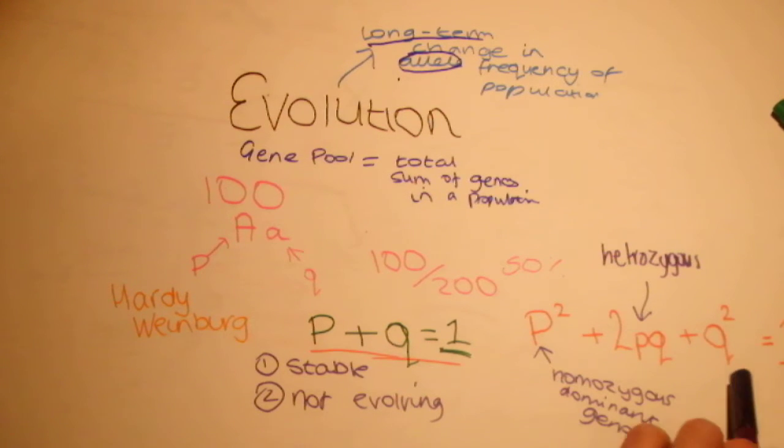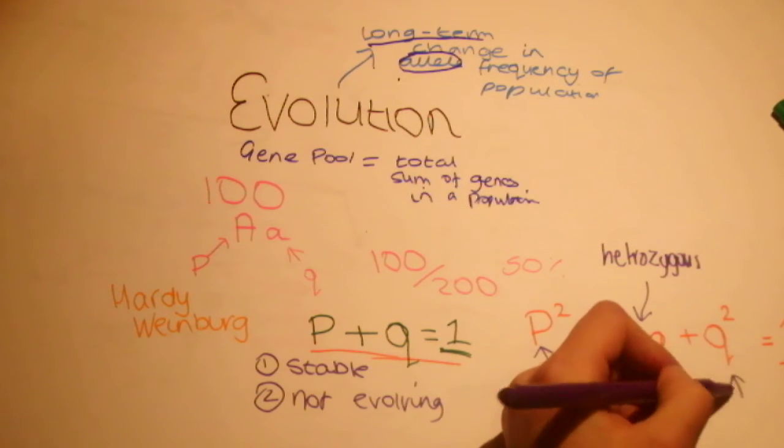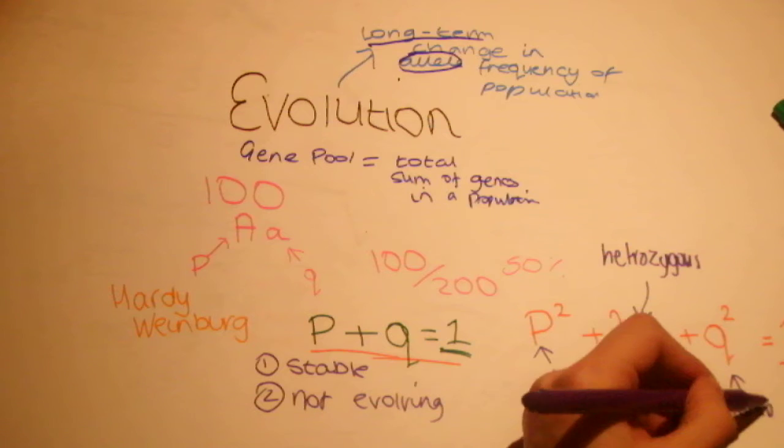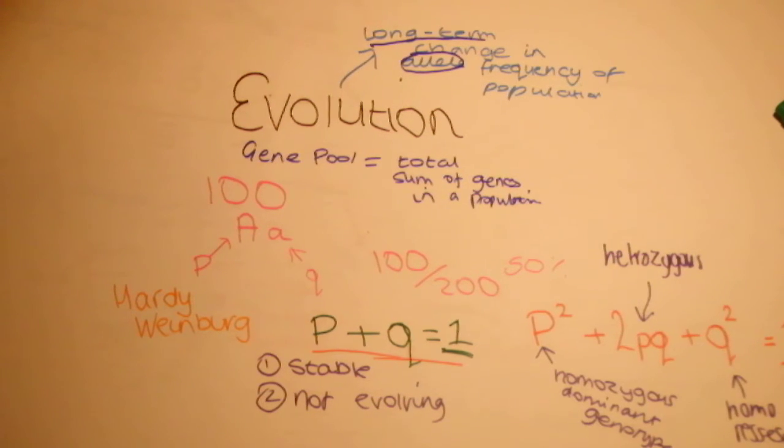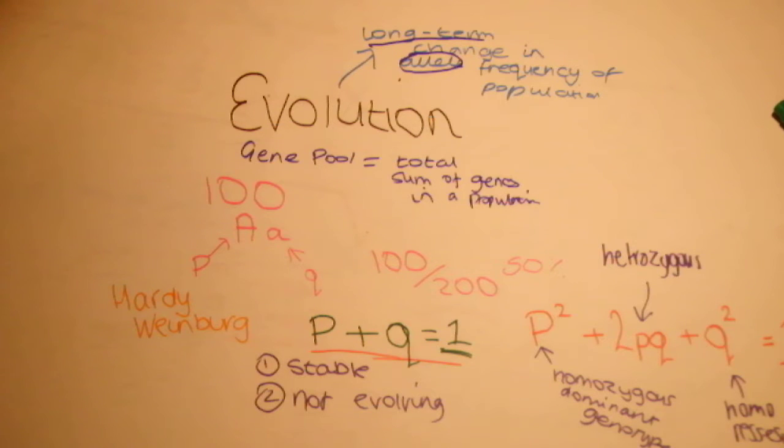And then Q squared is the homozygous recessive. So you've got homozygous dominant, heterozygous, and then homozygous recessive.